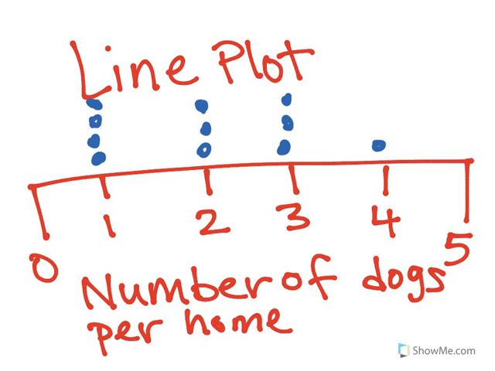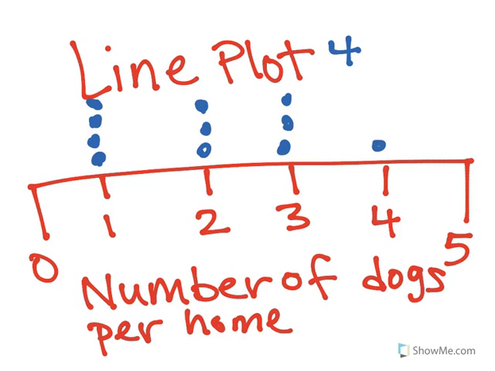So if I were to ask how many houses have only 1 dog, you could tell me 4 houses have 1 dog. But 4 houses out of how many? I could count every point and I would know how many altogether.